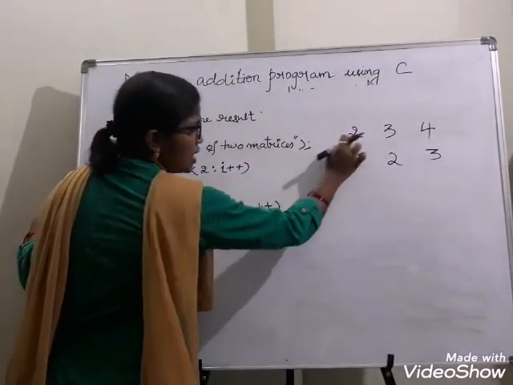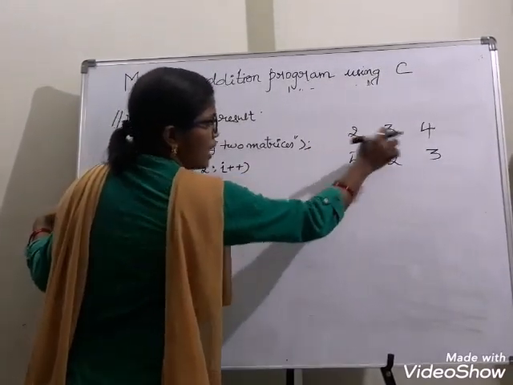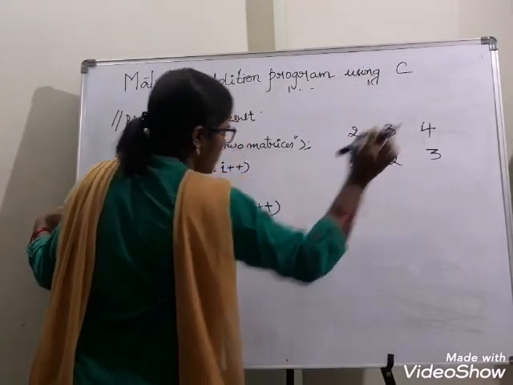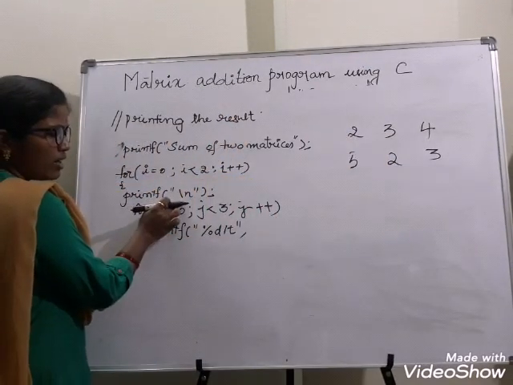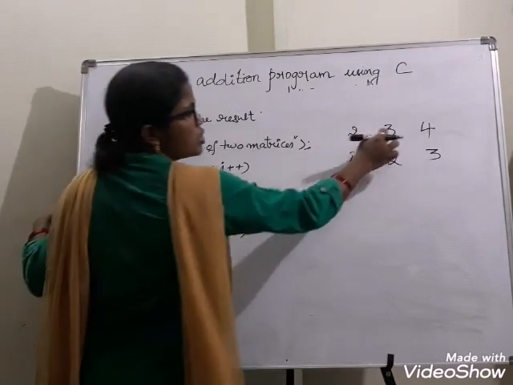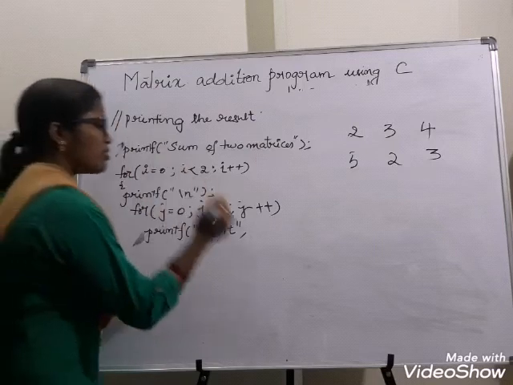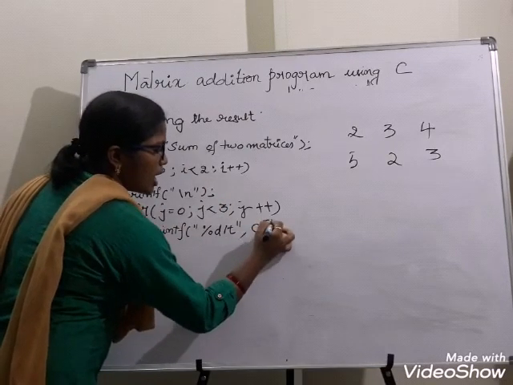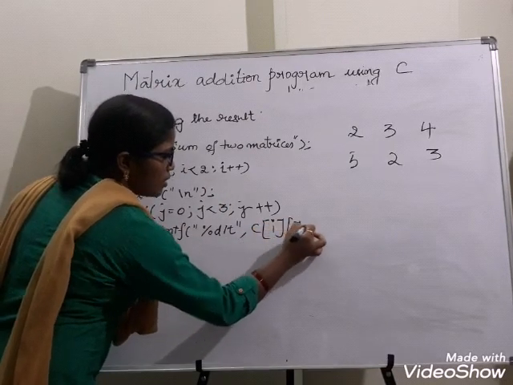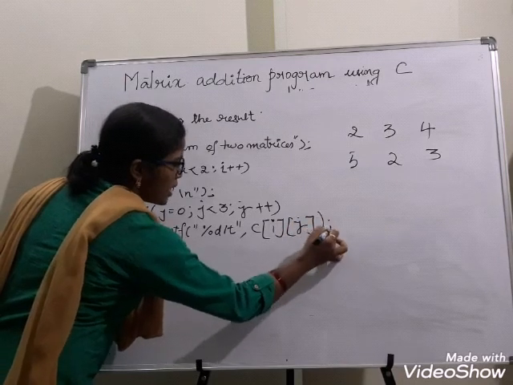Right? That means each row in a different line and each column with a different space. So for that I have taken a new line. I have taken a tab space between the numbers. Right? So from where will I get this? Cij. My result is in Cij.